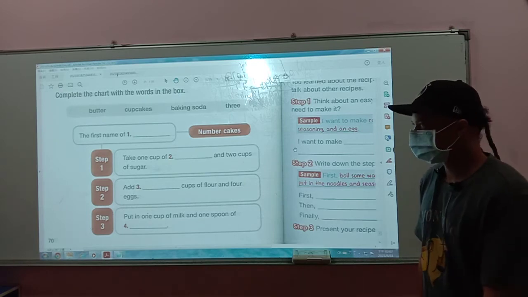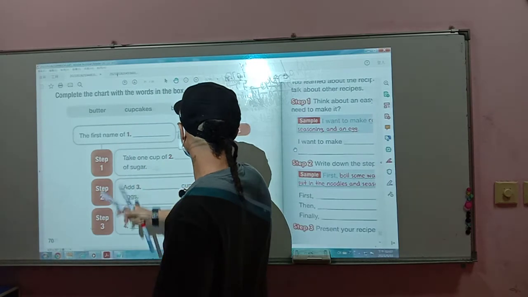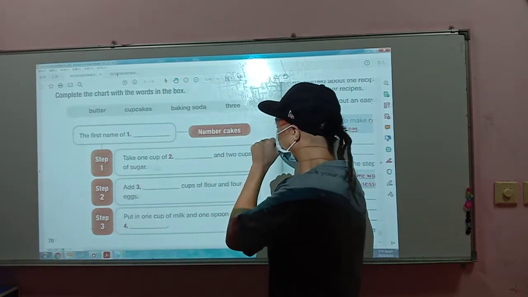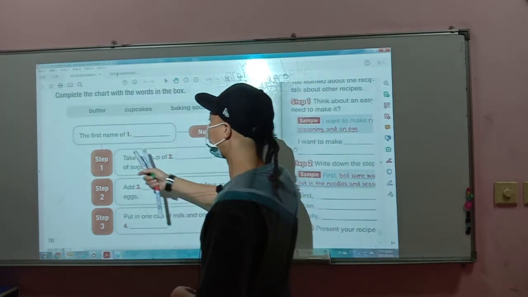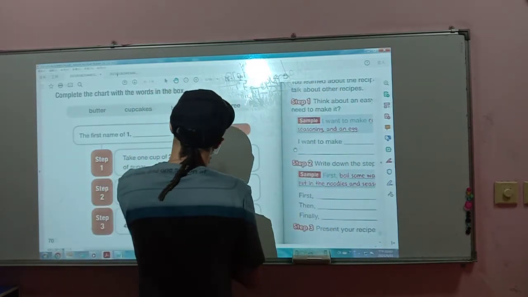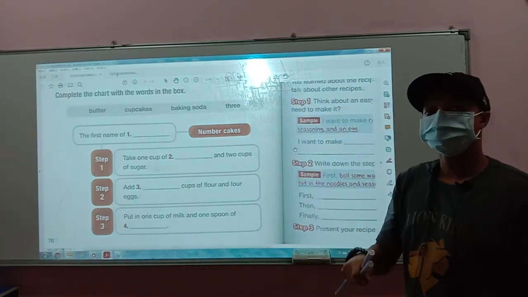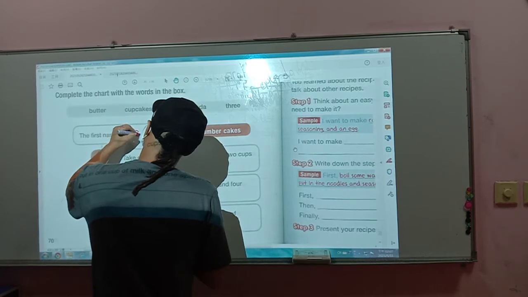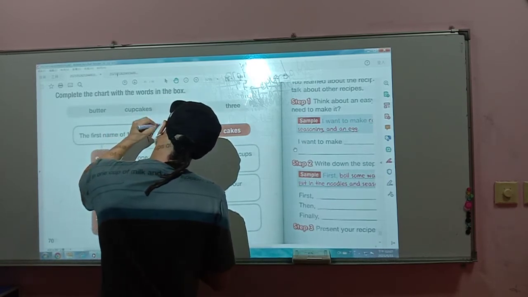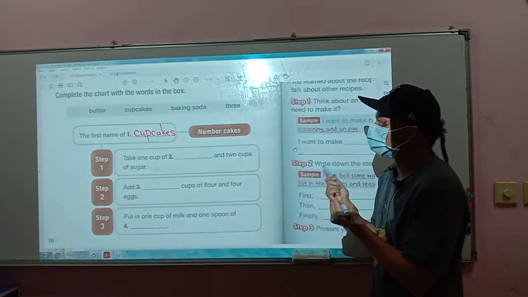Number 1. The first name of something is called number cakes. So number cakes, it's the name of what we call today cupcakes.